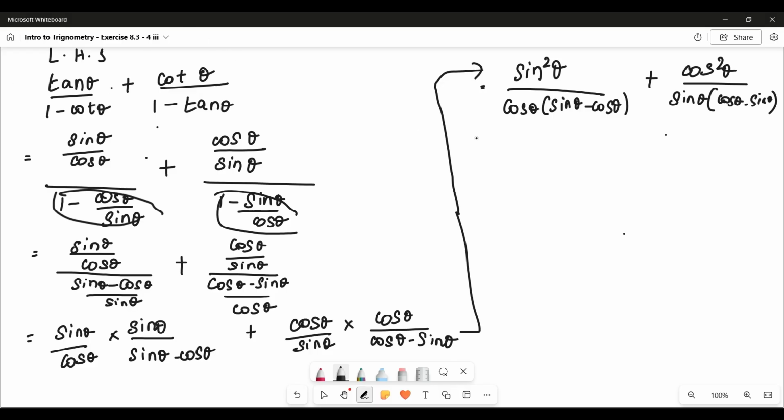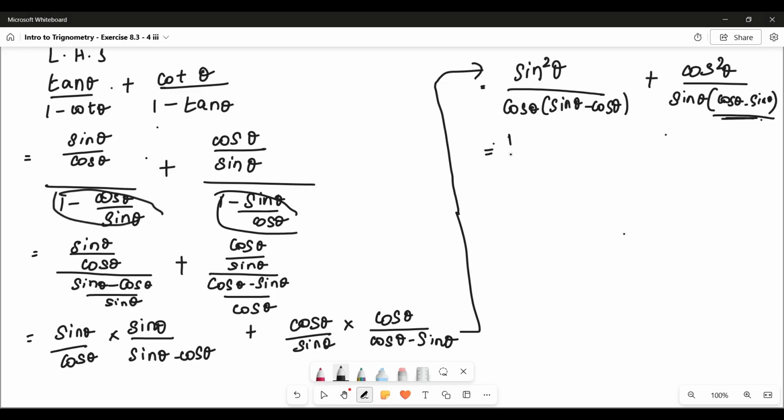If we observe, we have a common factor here, sin theta and cos theta, but the signs are different. So I'll take the minus sign outside so that it becomes sin theta minus cos theta. Then we'll have something in common that can be taken outside.